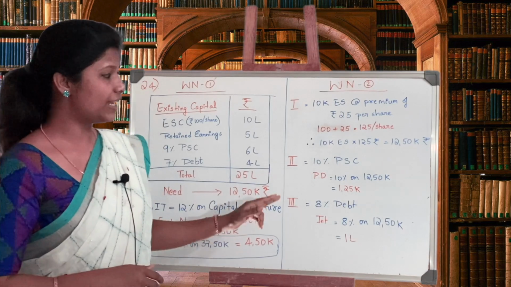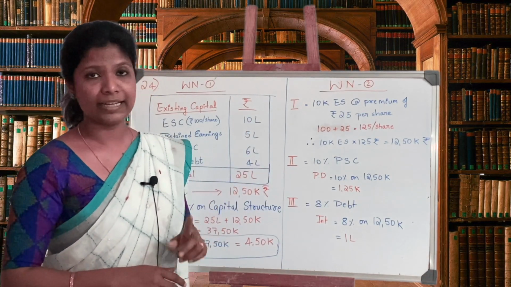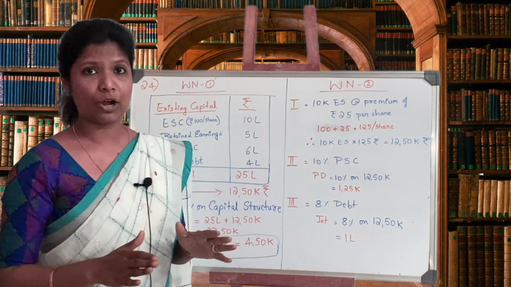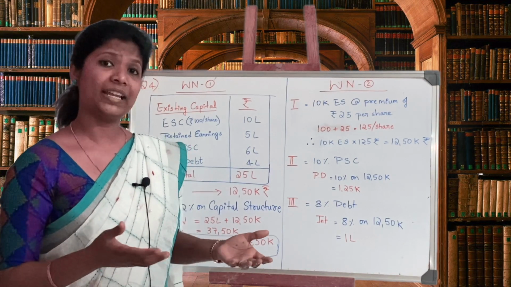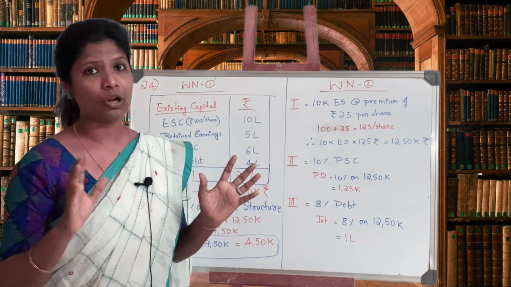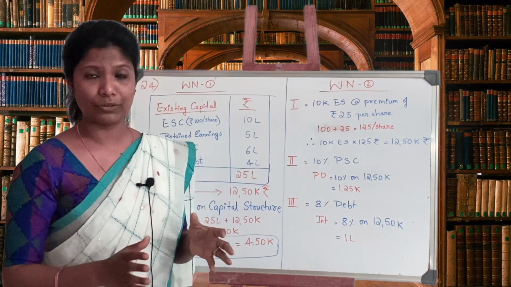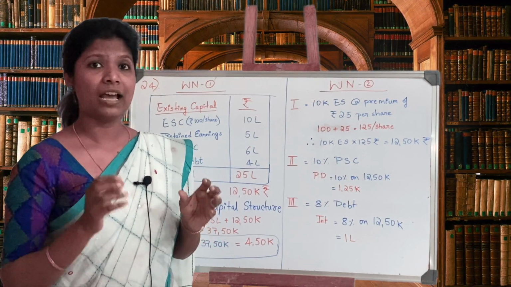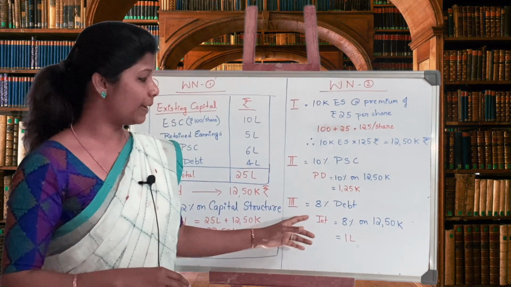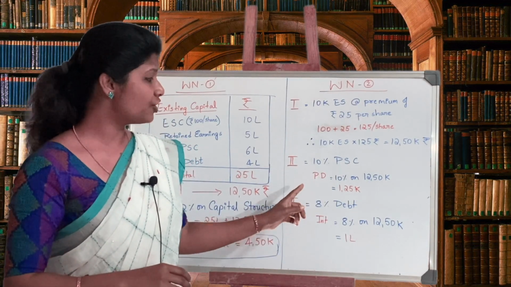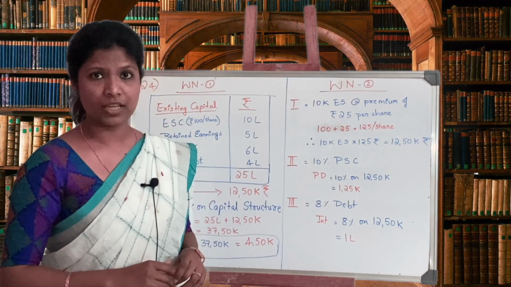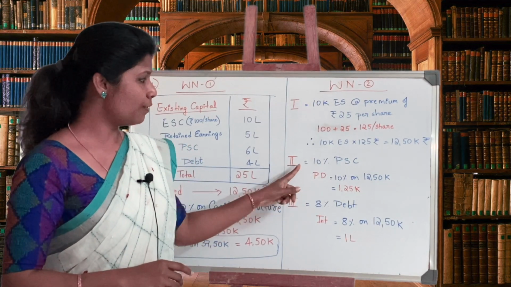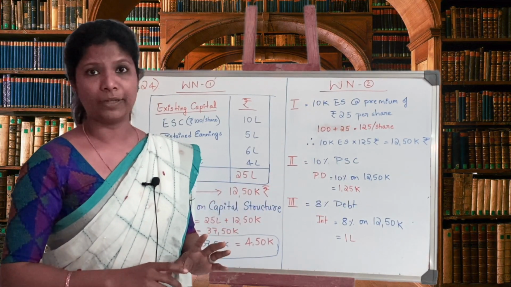Plans 2 and 3 talk about preference and debenture. Now you don't have to worry about how many preference shares or how many debentures. Got it? We are not bothered in the income statement about the number of preference shares or debentures. We are only bothered about how much interest is paid to debenture holders and how much dividend is paid to preference shareholders. So plan 2 is 10% preferential capital.